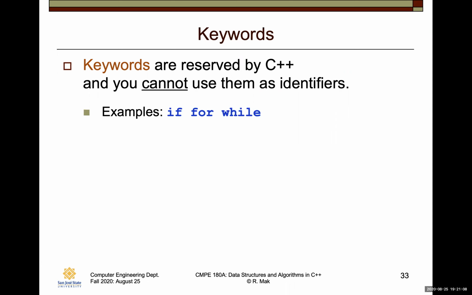And you just have to know to avoid using them as variable names, because you will get the compiler very, very confused if you try to use for as a variable name, and it thinks you're trying to write a for statement. C++ is case sensitive, so all the keywords are in lowercase.